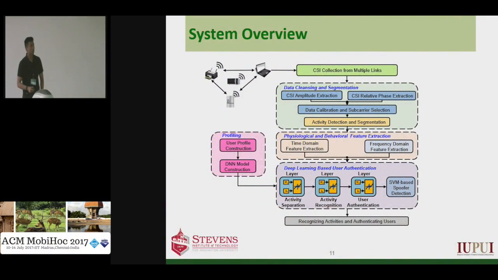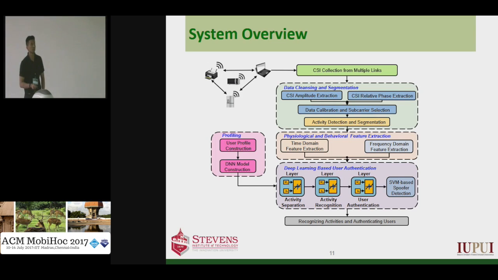And the model here consists of 3 layers. You can see that we use a 3-layer deep neural network to train a model. The first layer is activity separation. We can use this layer to distinguish whether the activity is a walking activity or a stationary activity. In the second layer, activity recognition, we can show the activity details, that is, the trajectory of your walking or the type of the stationary activities.